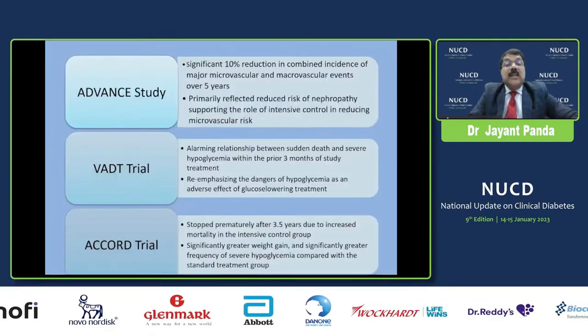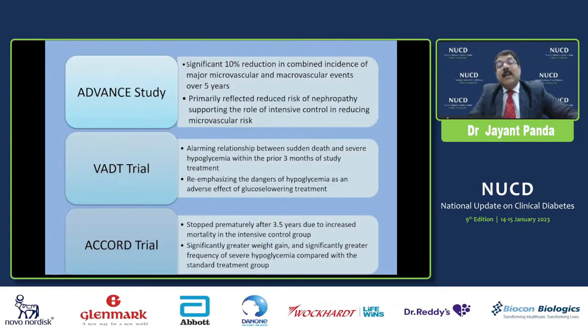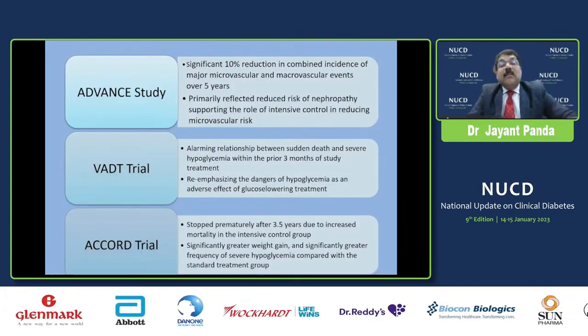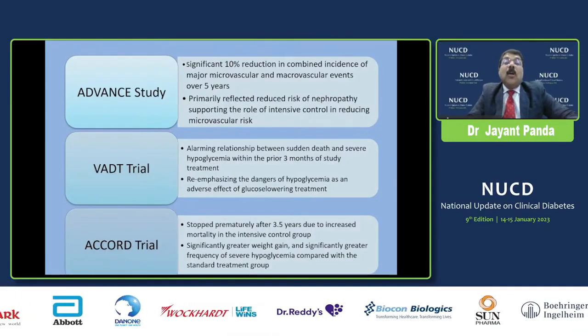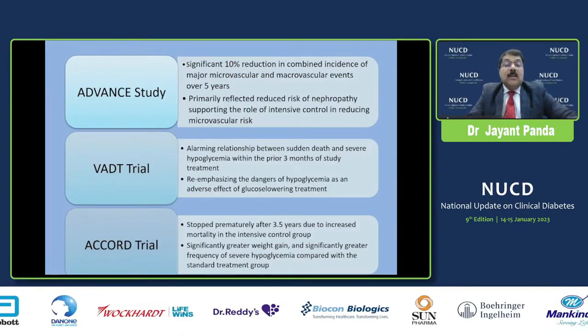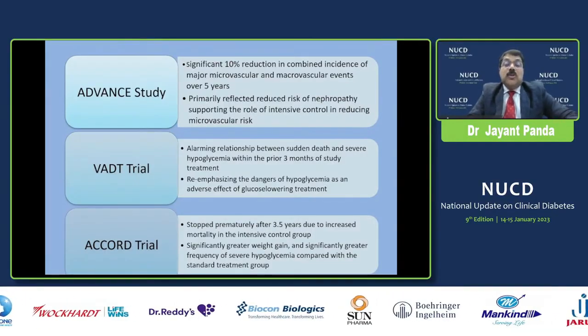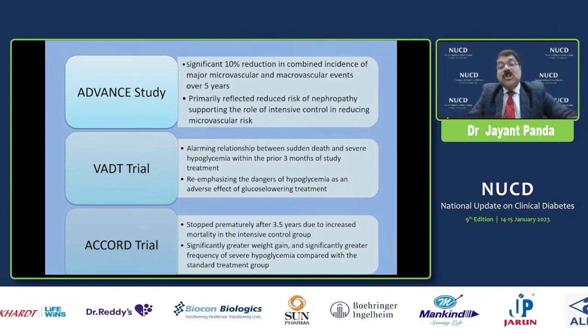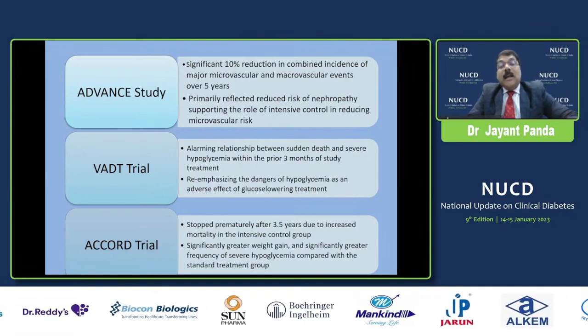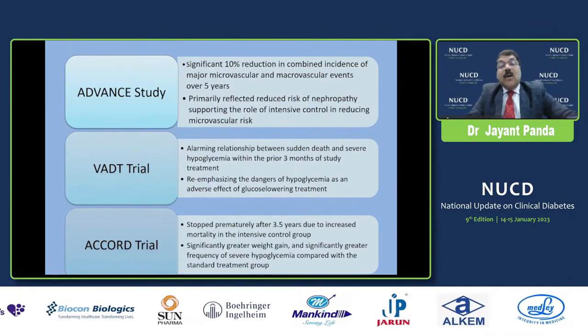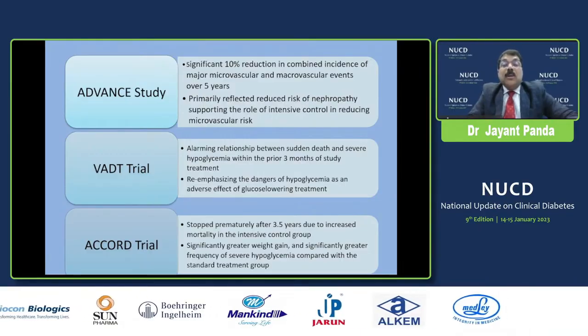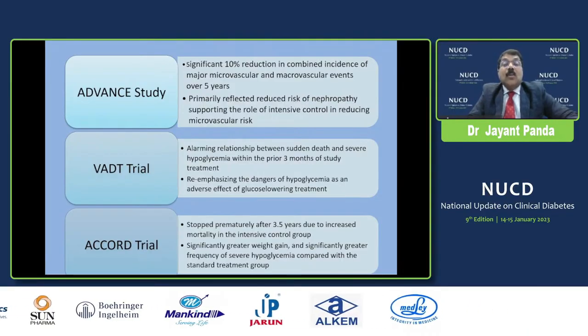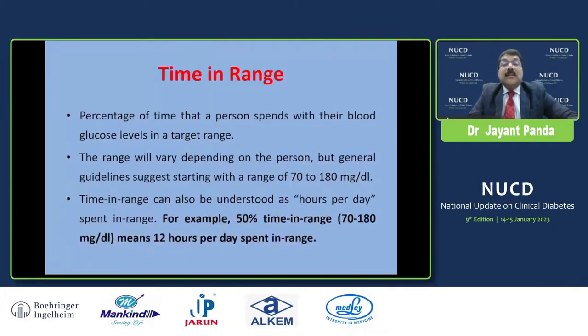And if you see these landmark trials, many lacunae in monitoring come to the picture. That's only related to the lack of CGM and the deficit of continuous monitoring, for which CGM has been advocated, which takes around 288 readings in a day.